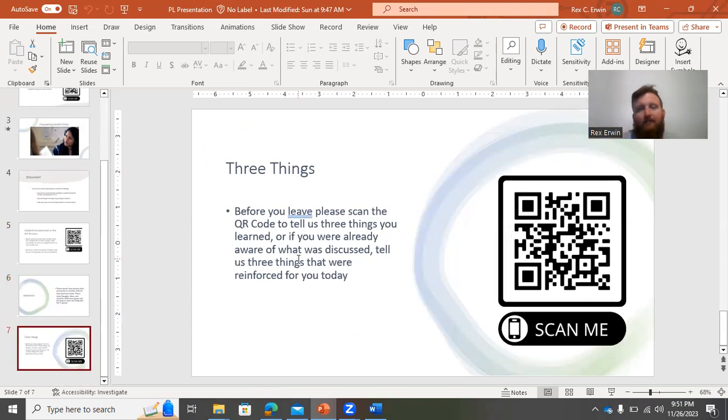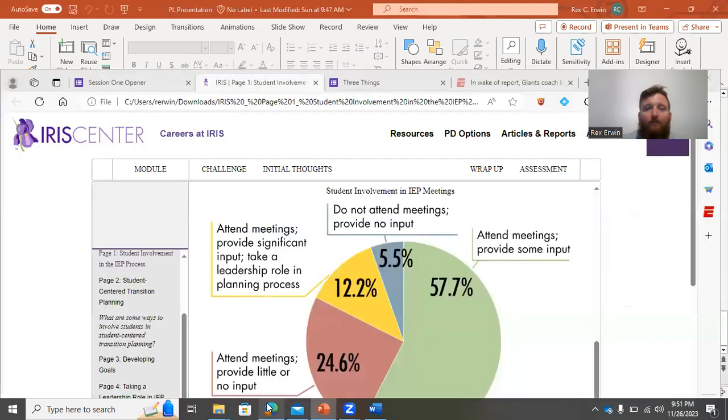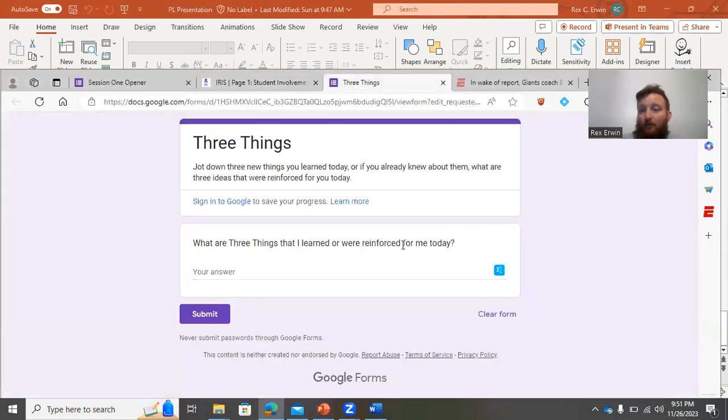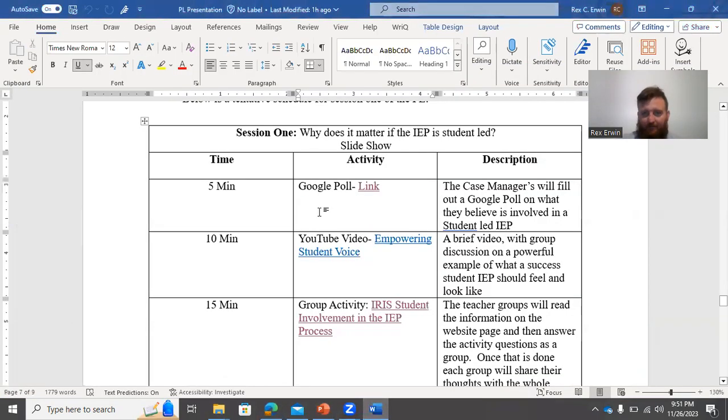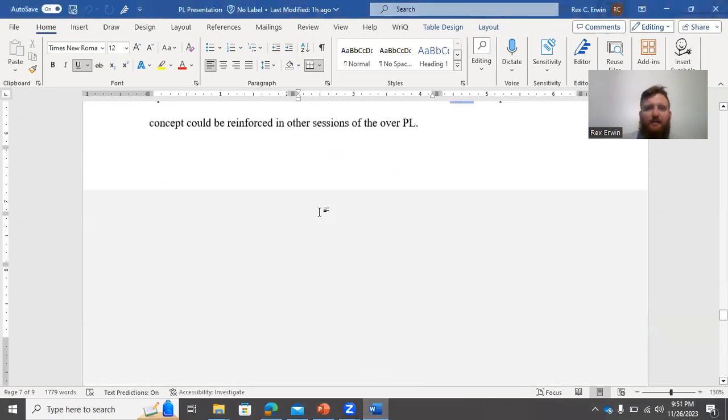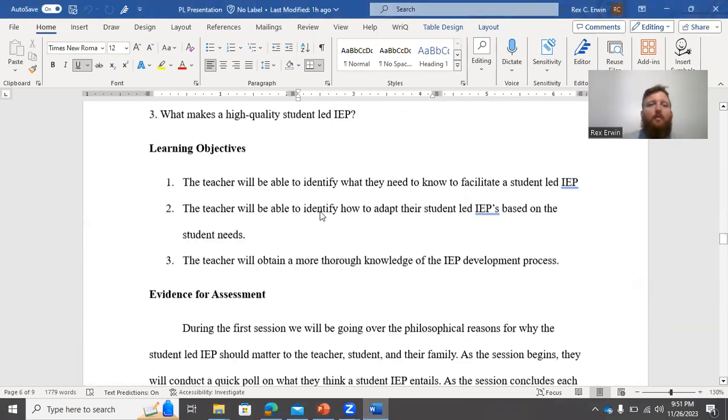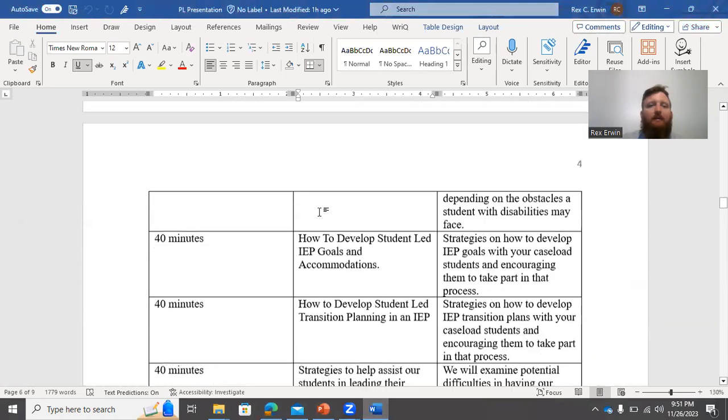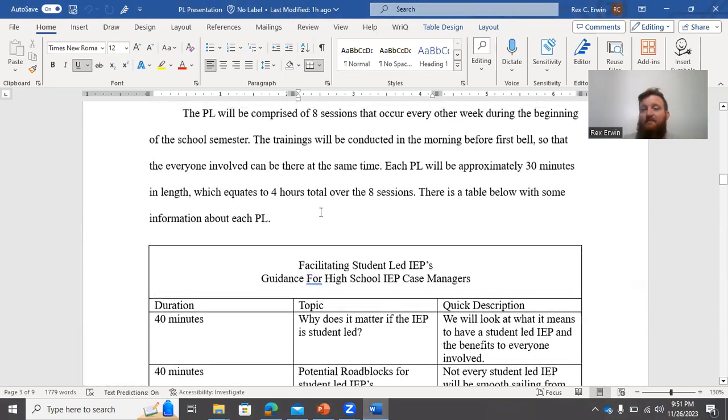The QR code, once again, is a little Google poll: 3 things that you learned today, or if you're already very knowledgeable on this topic, 3 things that were reinforced. It's also my way of checking understanding. So that would be session 1.